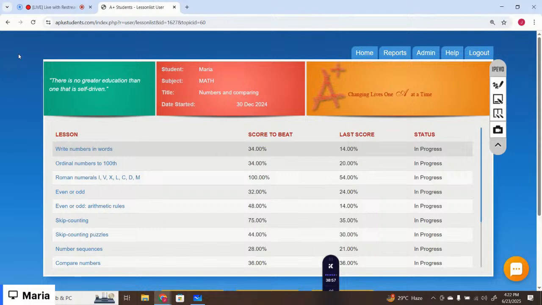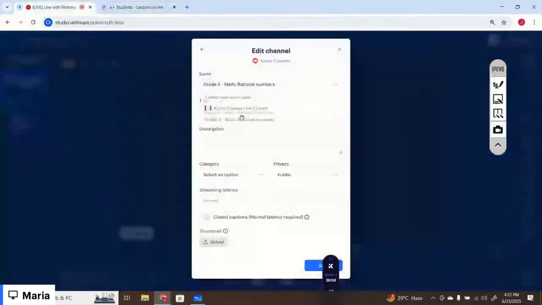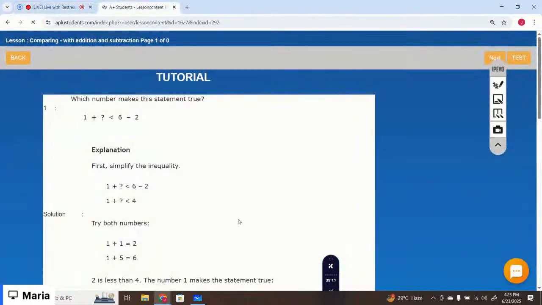The next lesson is comparing with addition and subtraction. Take the statement: 1 plus what number is less than 6 minus 2?